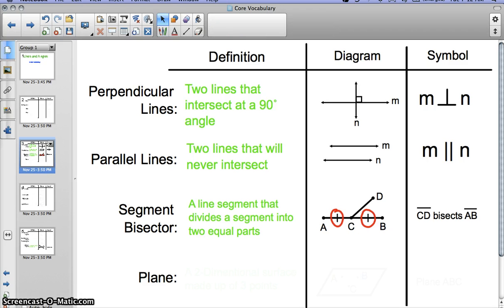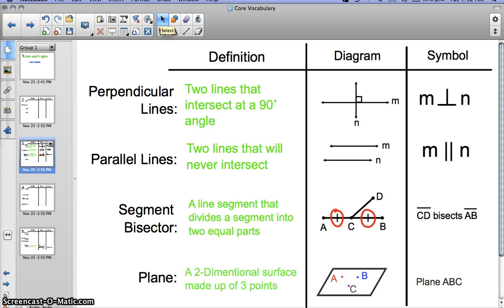And a plane. And no, we're not talking about what flies in the air and brings people to Florida. We're talking about a two-dimensional surface made up of 3 or more points. Actually, I should add to this, they are non-collinear points, which means those 3 points are not on the same line.